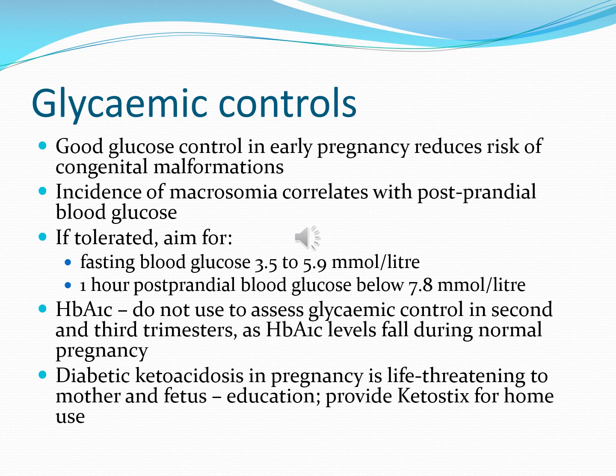Furthermore, the incidence of macrosomia correlates with postprandial blood glucose. So the higher the glucose after food, so the non-fasting blood glucose, the larger the baby. And if tolerated, you want to try and get the fasting blood glucose between 3.5 and 5.9, and the postprandial one below 7.8.